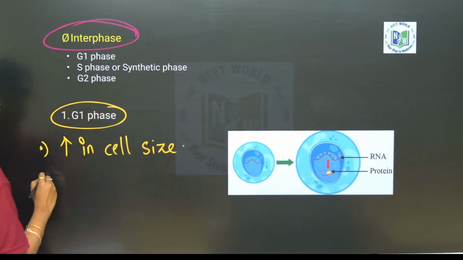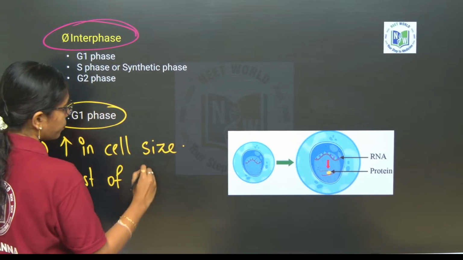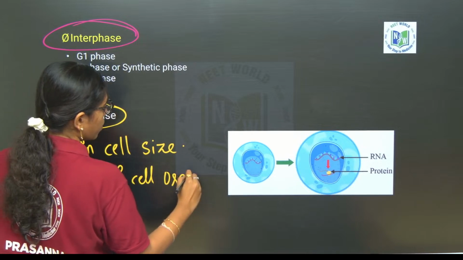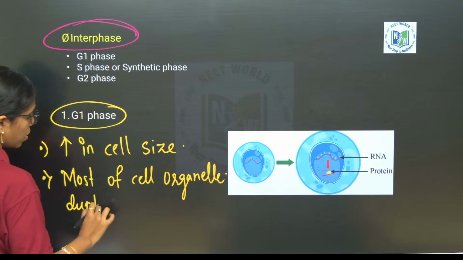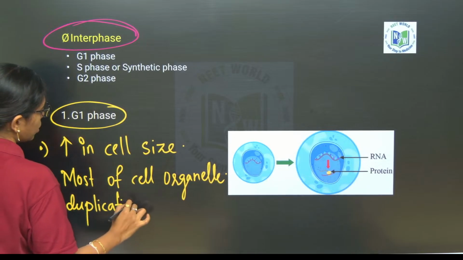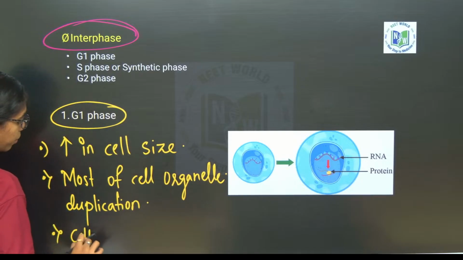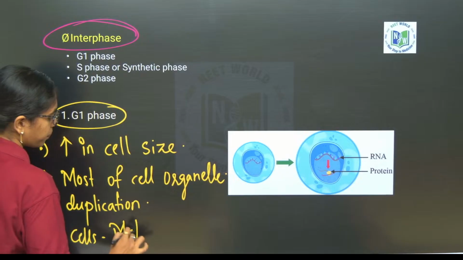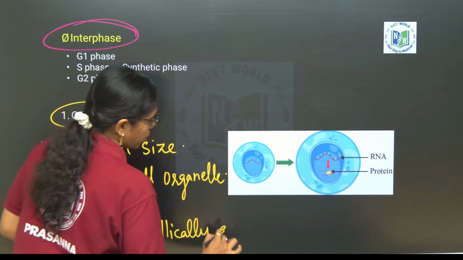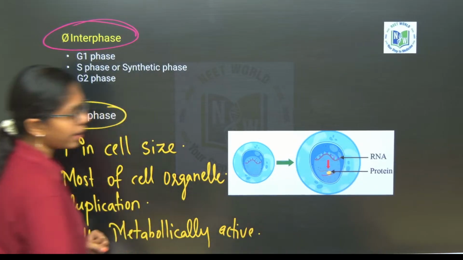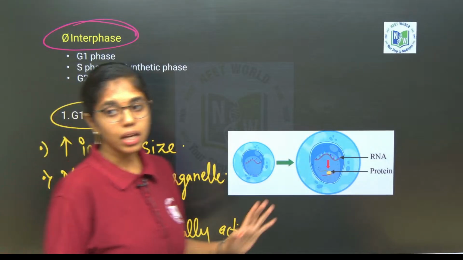They will increase in size, and most of cell organelle duplication happens in G1 phase. And then cells are metabolically active. Clear, right? These are the three events that happen in G1 phase.